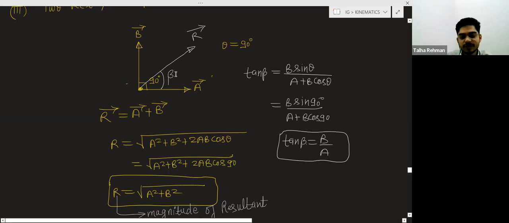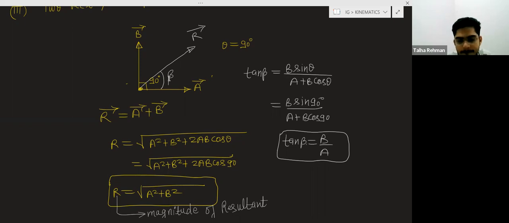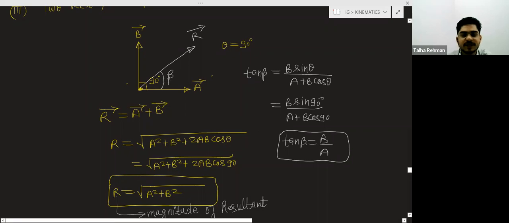Shafruddin, can you tell me what this beta angle is indicating here?